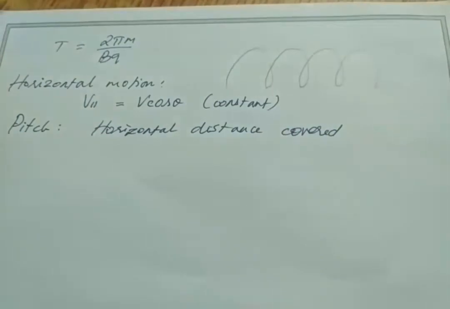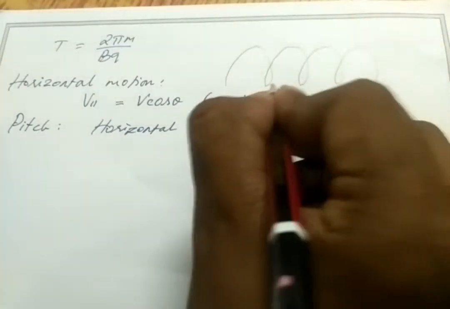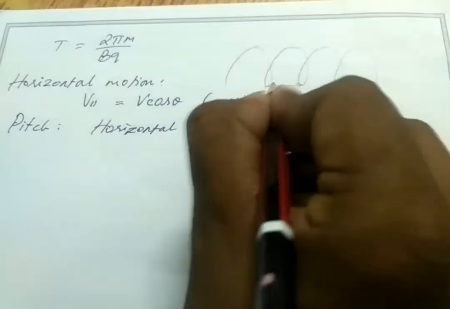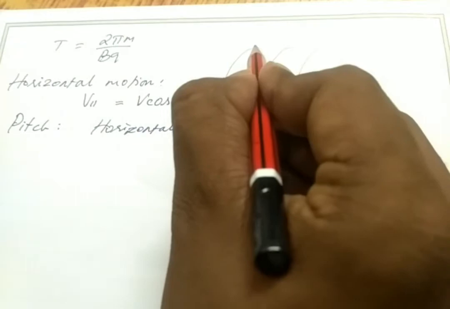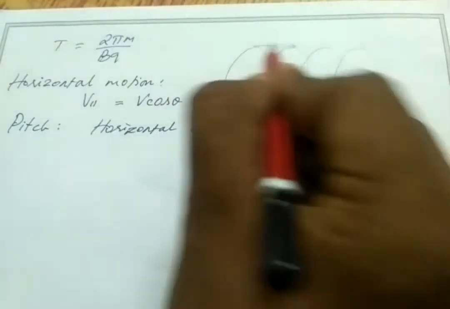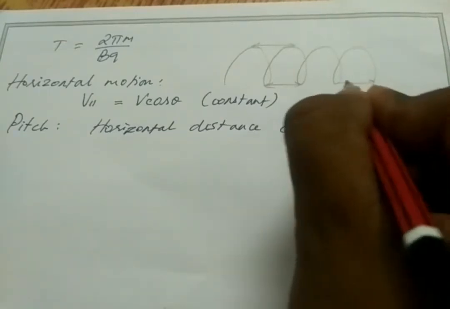For example, here we take pitch as the distance between one circle to another circle. This is our pitch. Or we can take the distance between one crest, one peak, to another peak. This is pitch.